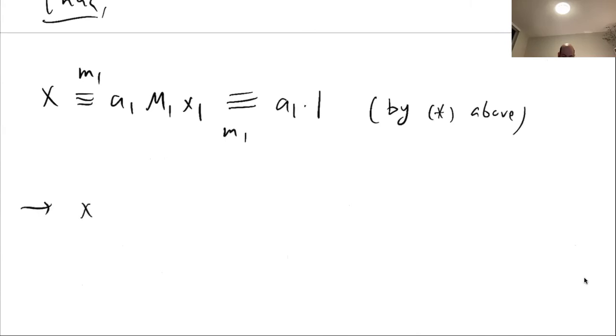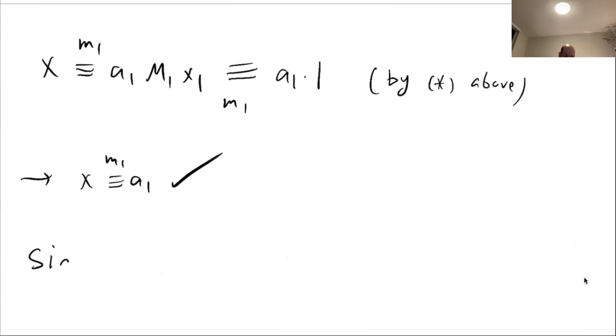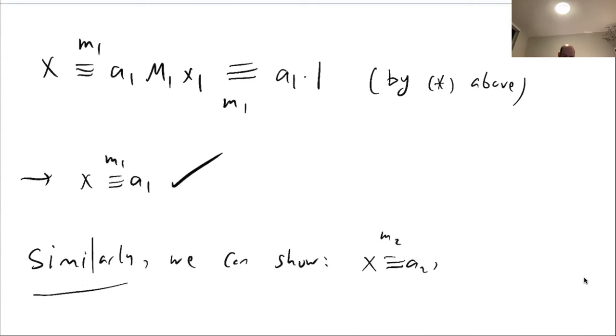That means X is A1 mod M1. So I showed that X is A1 mod M1. Similarly, we can show that X is A2 mod M2, all the way to X is AK mod MK.